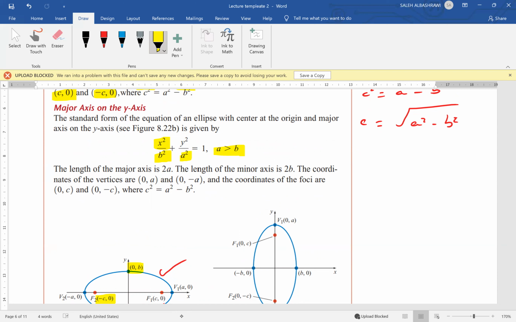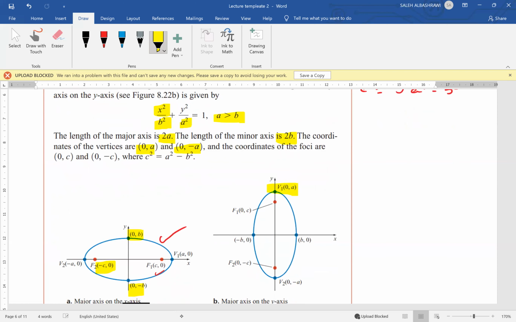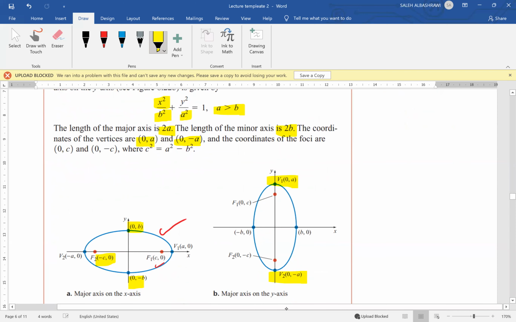Still, the length of the major axis is 2a, the minor axis is 2b, and the coordinates of the vertices are (0, a) and (0, minus a) this time. And the coordinates of the foci are (0, c) and (0, minus c), where c squared is still equal to a squared minus b squared.